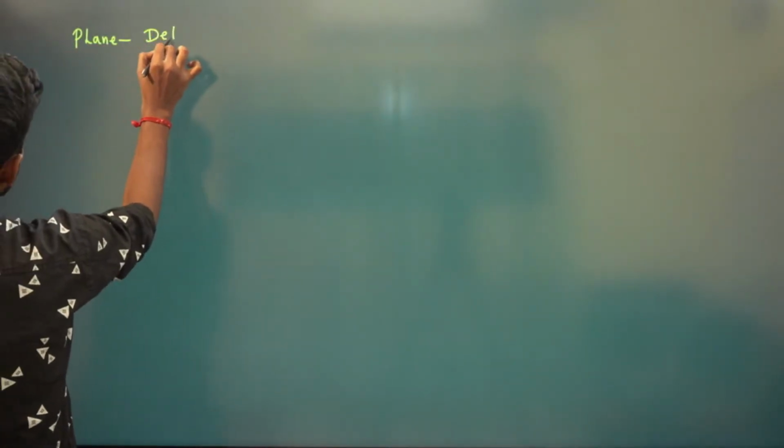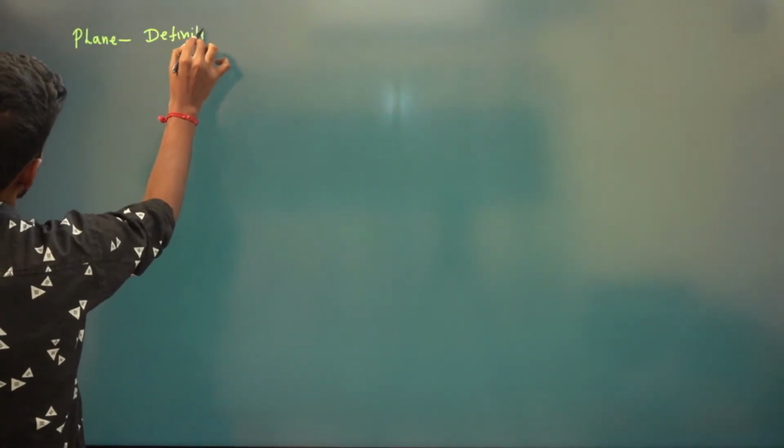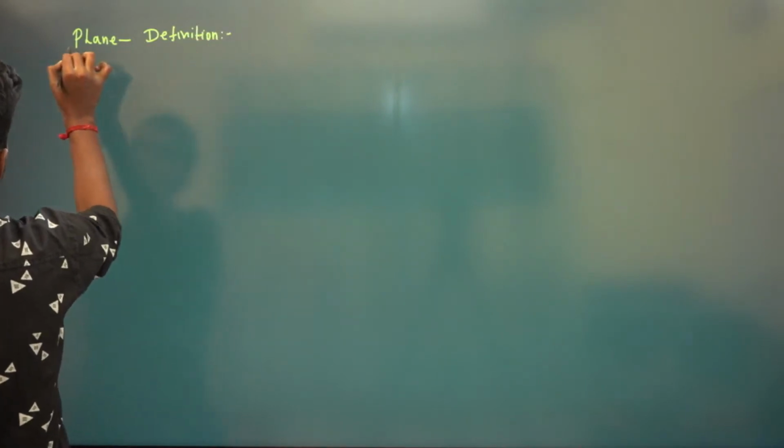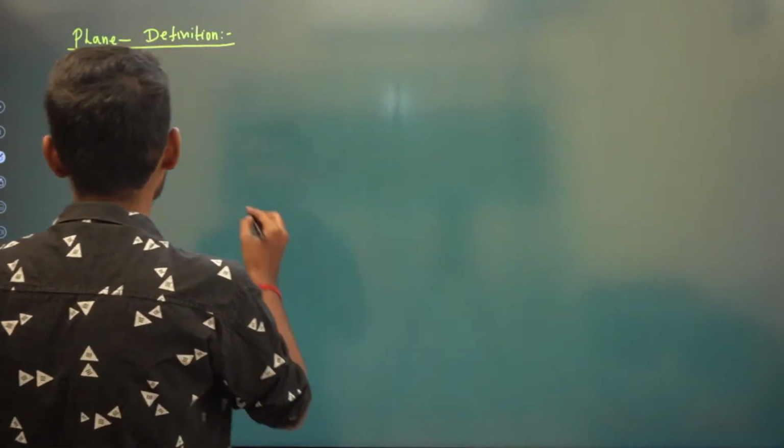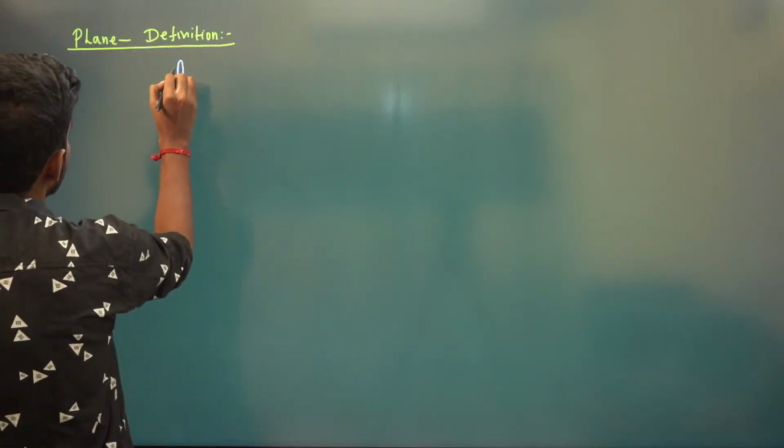Plane definition. So what is meant by a plane? A plane is a surface such that if you take any 2 points on the surface, the line joining those 2 points will lie on the surface. Very simple.